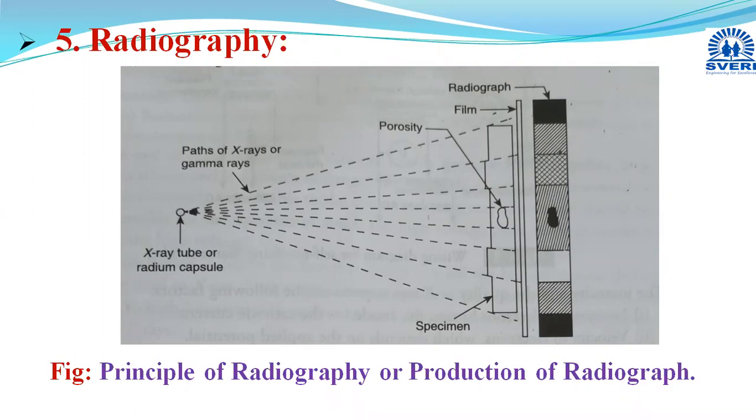Then neutron radiography is also there. Depending on the source, various types of radiography are available: X-rays give X-ray radiography, gamma rays give gamma ray radiography, and neutrons give neutron radiography.